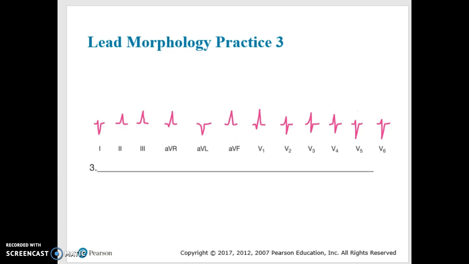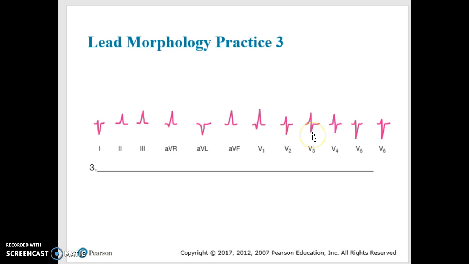Let's take a peek at practice strip number 3. Lead 1 is negative. It should be positive. Lead 2 and lead 3 appear to be okay. The AVR is positive, and it should always be negative. The AVL is negative, and it should always be positive. The AVF here is okay. V1 is positive, and it should be negative.